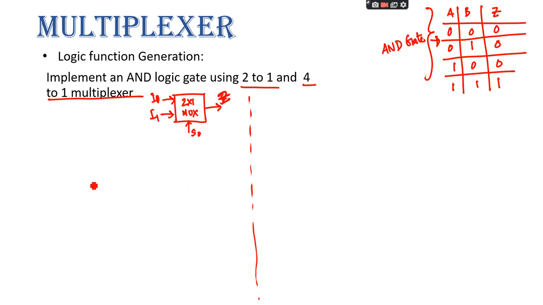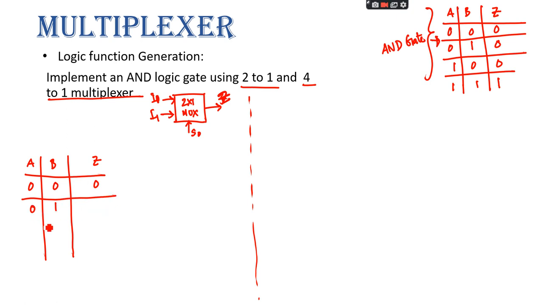So here if we write the truth table again, A, B, and this is my Z. For 0, 0, the output should be 0. For 0, 1, the output should be 0. For 1, 0, the output should be 0.